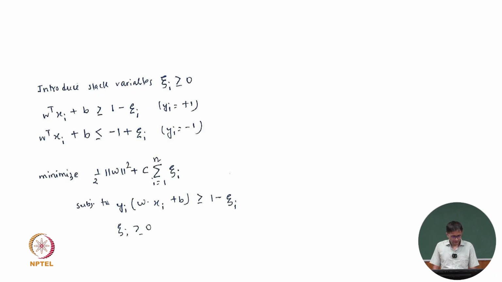With this, our optimization will now become minimize half norm w square, plus an additional term c times the summation of epsilon i, subject to the constraint in terms of yi wtxi plus b, which also changes. You can easily verify why this will satisfy, and all the epsilon i's are greater than or equal to 0, right?